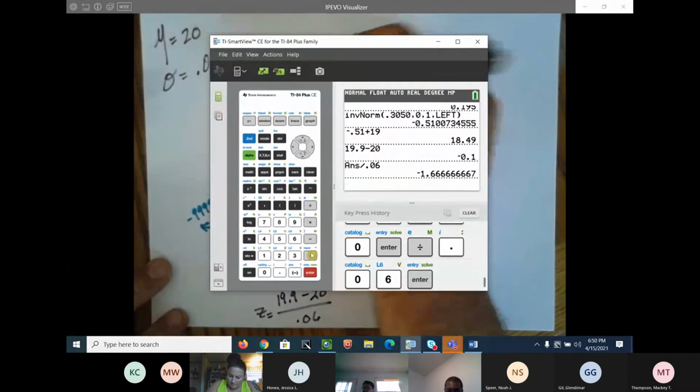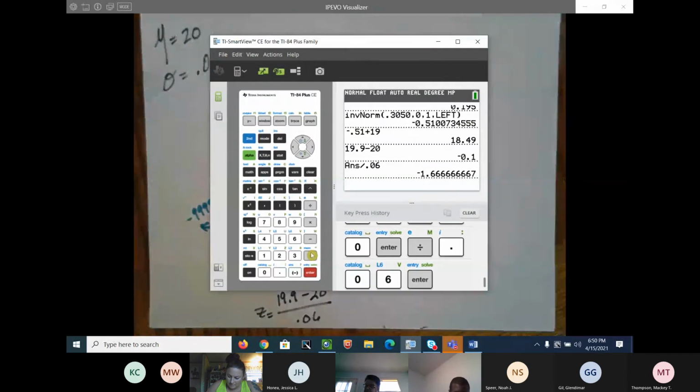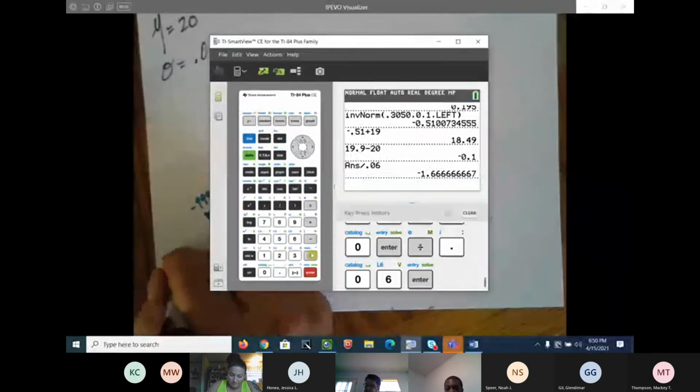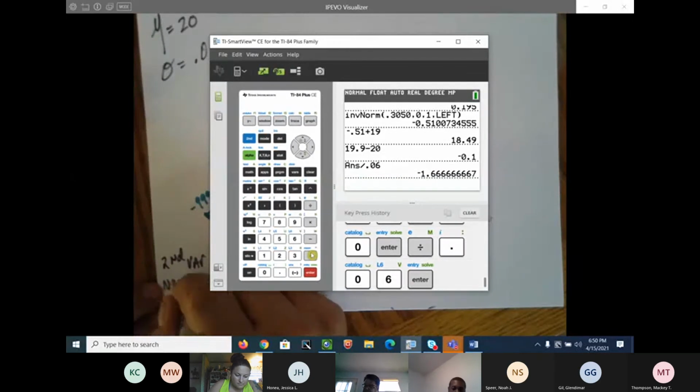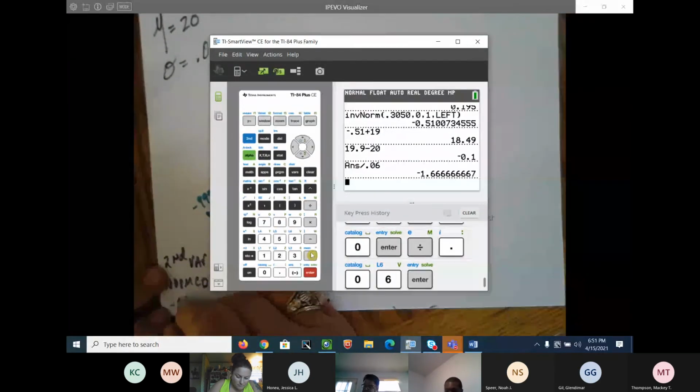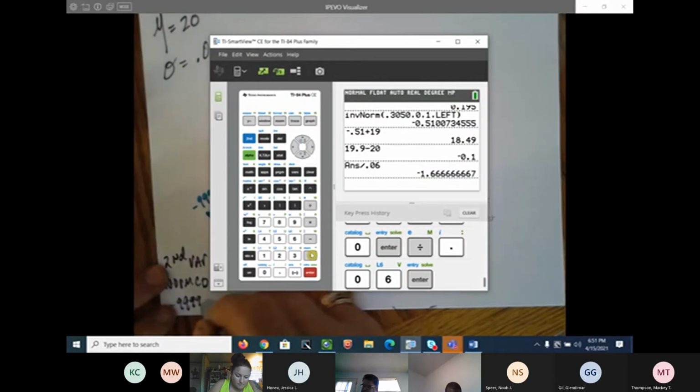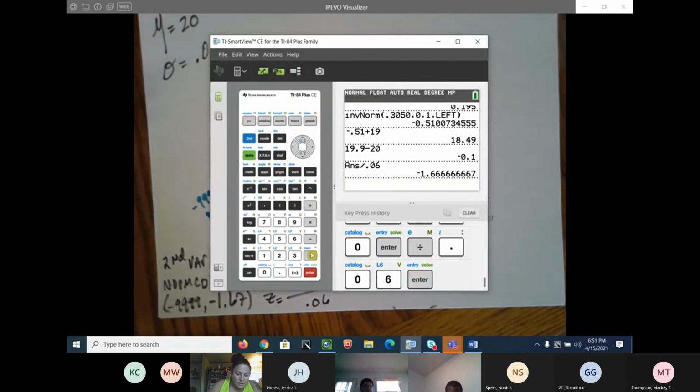So I need somebody to do your second VARS, normal CDF, and you're going to go from negative 9999, comma, to negative 1.67. Point zero. I'm sorry, what?